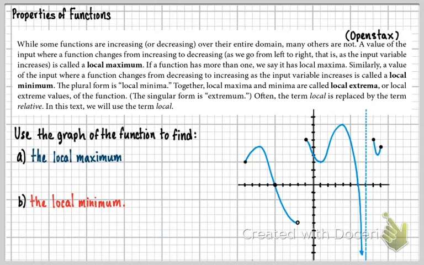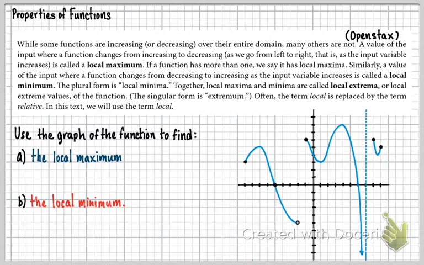So it's going from increasing to decreasing as we go from left to right. That's the idea there. If a function has more than one, we say that it has local maxima. So we call it a local maximum if it's one, local maxima if it's more than one.